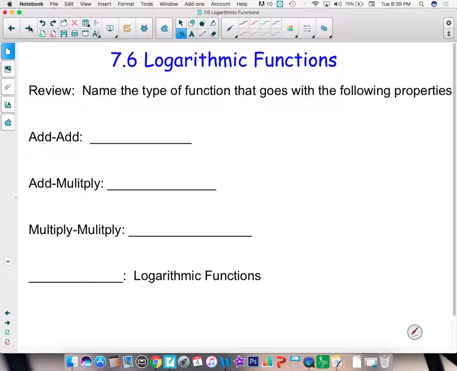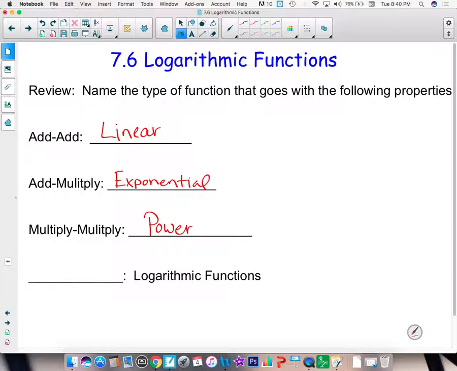Add. Remember, that was linear. And then we had add, multiply. Which one was that? Well, that one was exponential functions. Now the next one, multiply, that's your power function.